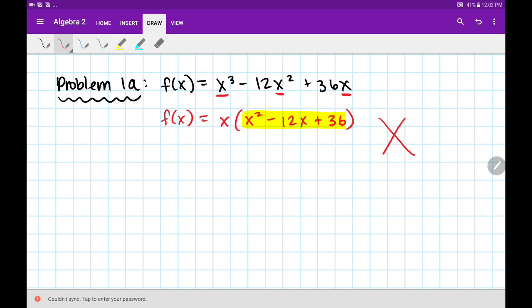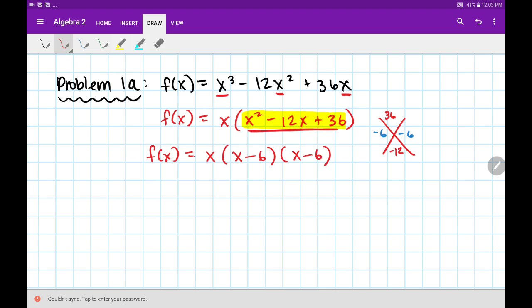So I need two numbers that multiply to 36 and add up to negative 12. The numbers are negative 6 and negative 6. So I can indeed factor this further because I just found some numbers that work. This can be rewritten as x minus 6 times x minus 6.